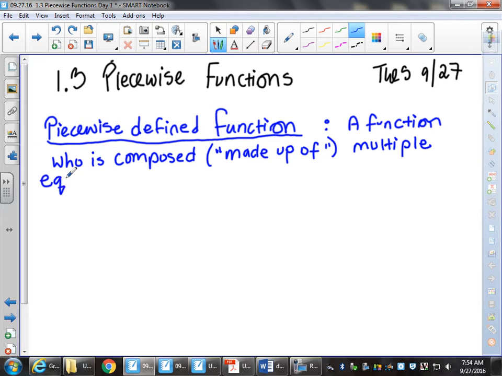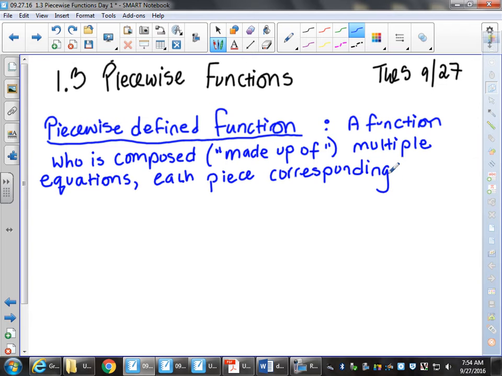Each piece corresponding to a part of the domain.